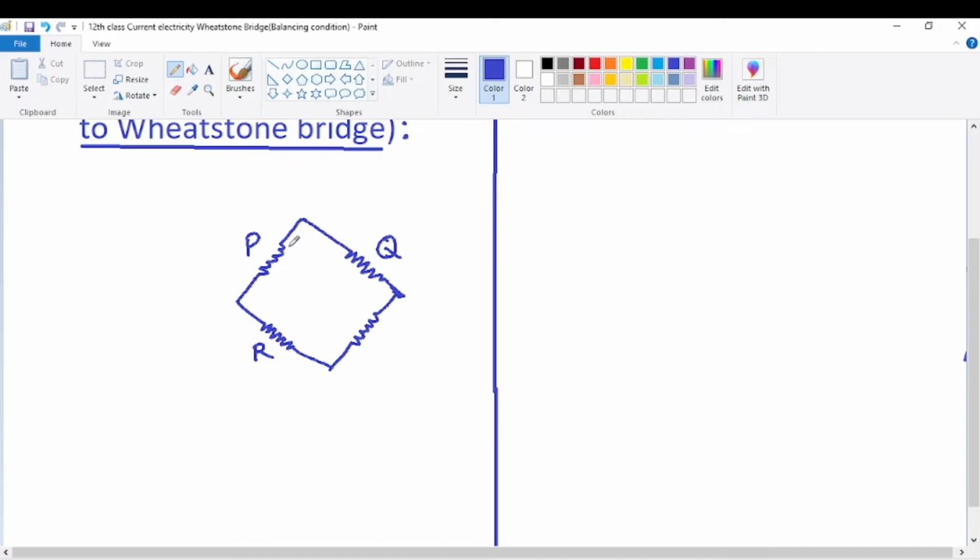So P, Q, R and S. Just see the order. Top left and right are P and Q. Bottom left and right resistances are R and S. So they're not in cyclic order.